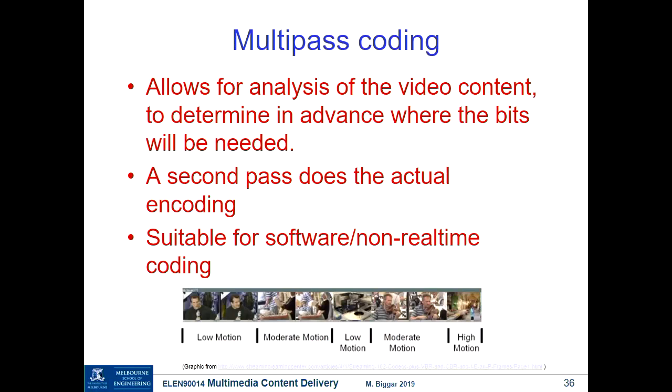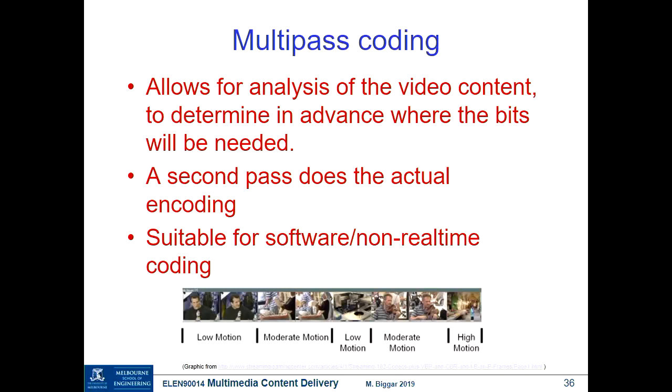So we analyse the picture first. Of course, this is not something we can do on the fly for a live event, but if I'm about to encode a movie, if I'm Netflix, for instance, and I've got a latest release movie from one of the production houses, I'm about to load it on my servers, I don't need to do that in real time.